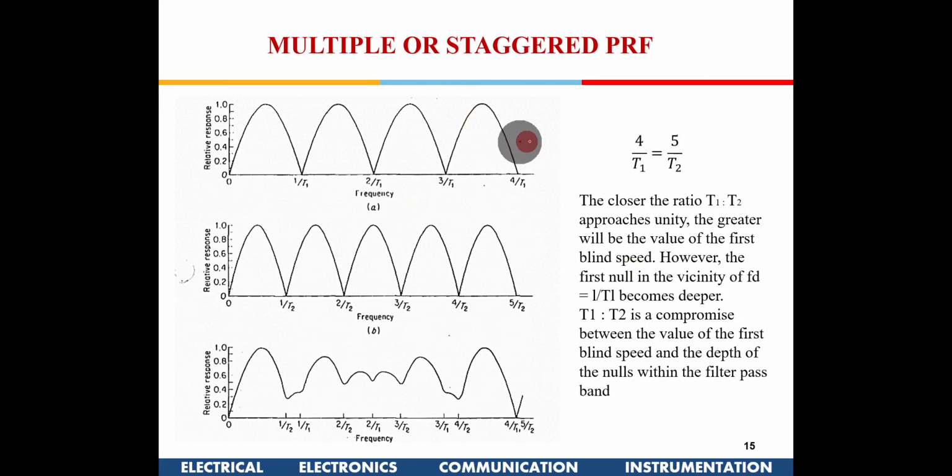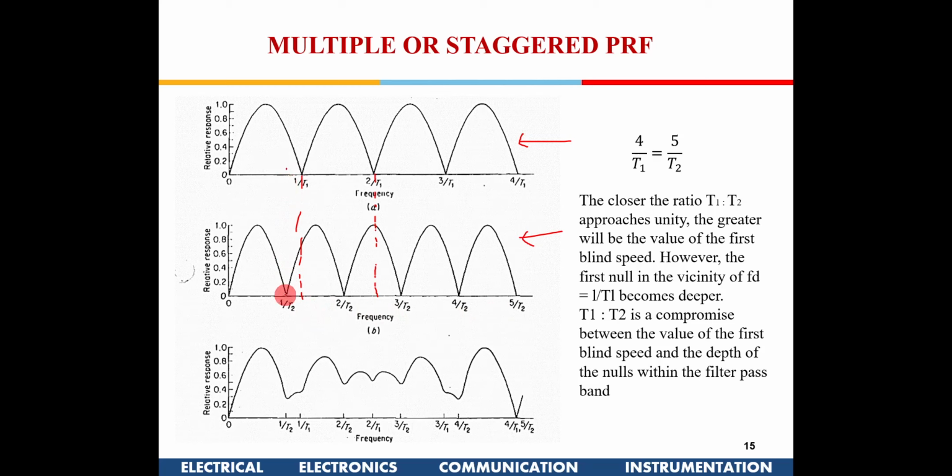Now we saw that these are the blind speeds if you use a particular pulse repetition frequency, right? What if I change the frequency, then this is the one, right? So this blind speed is here, and this blind speed is here, so they're not matching. These blind speeds are a function of the pulse repetition frequency.